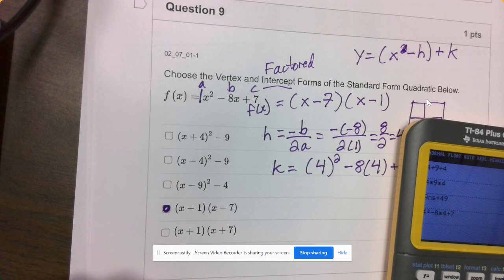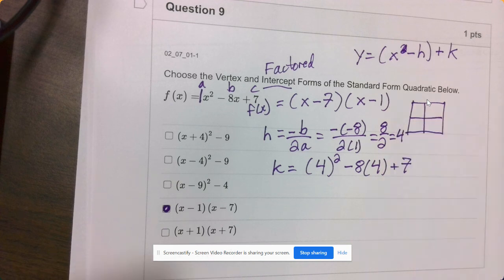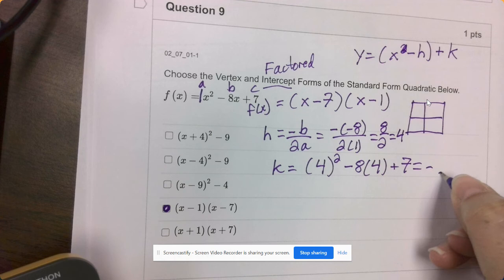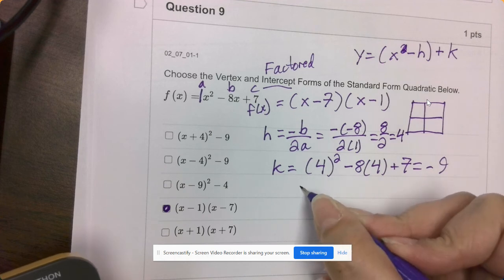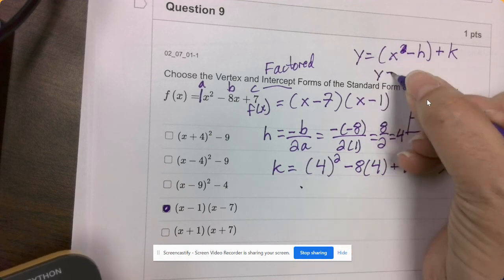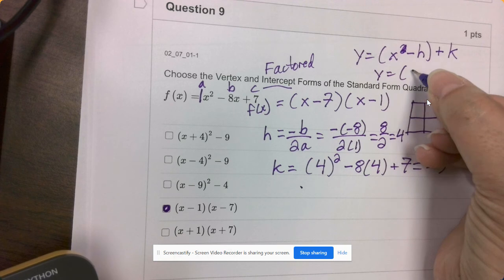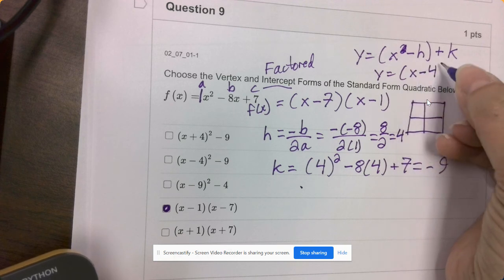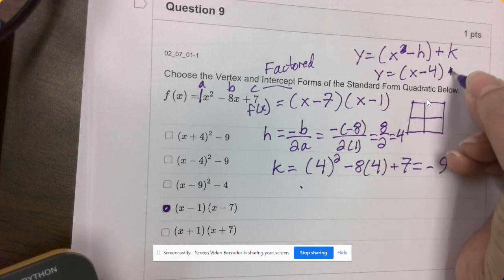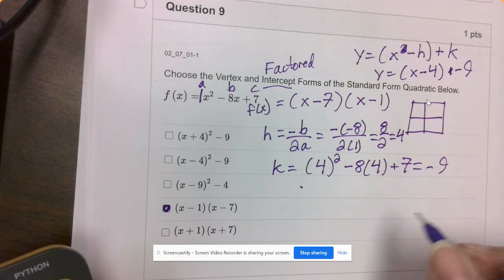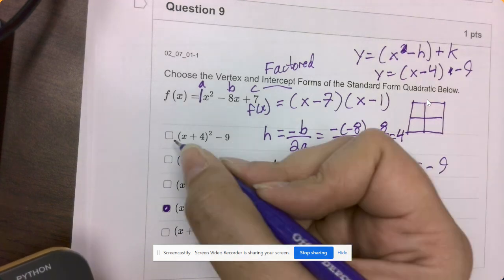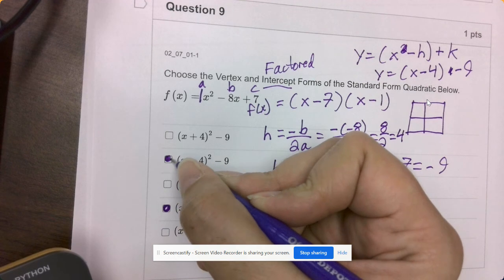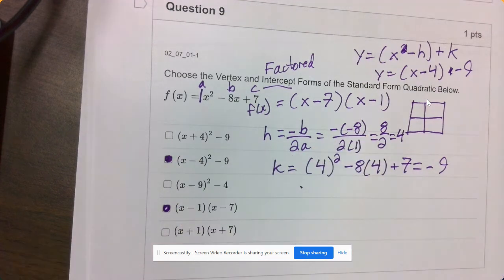Okay, everybody, it gives you negative 9. So we're going to plug it in, y is equal to x minus 4 squared minus 9. Okay, so notice that's a negative 9. So it's going to be this one. Careful of that h, everybody. Remember, h is negative here.